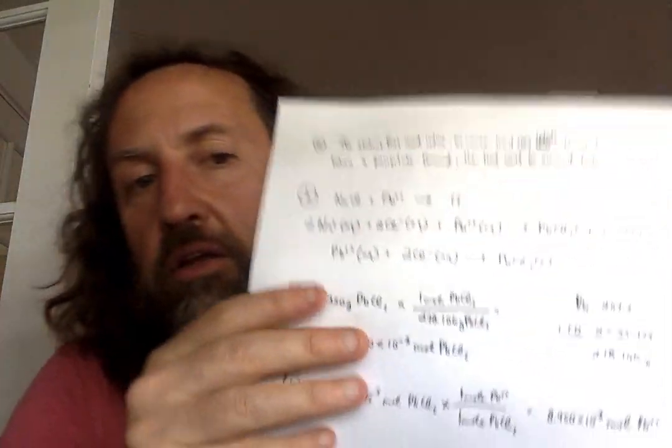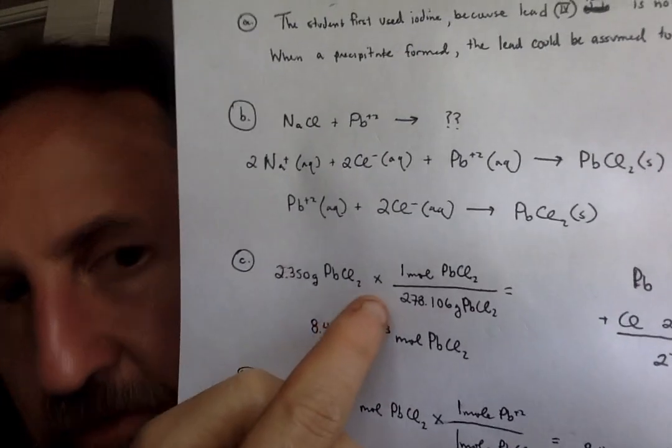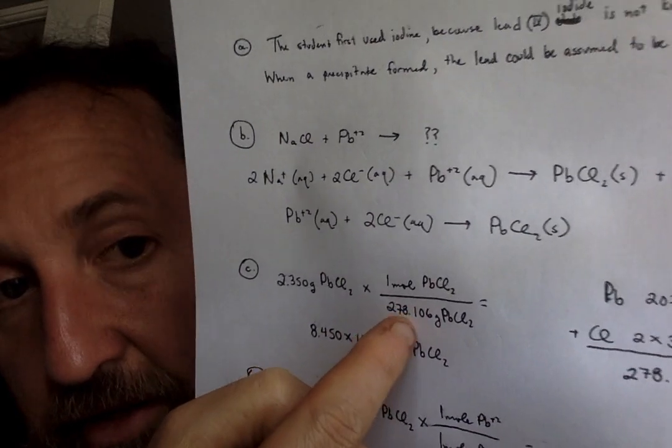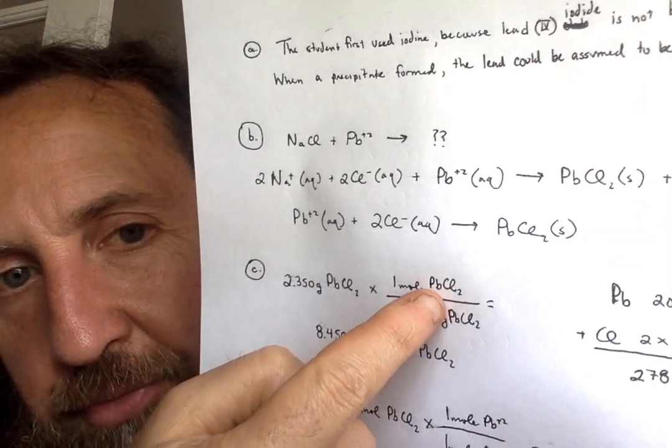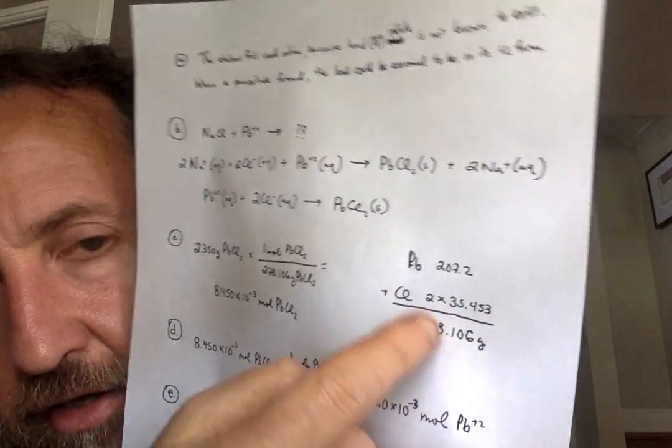The first thing I need to do is add up the molar mass of the lead 2 chloride. It's a bad habit when I say PbCl2. Nobody talks about it that way. It's lead 2 chloride. So I add that up, and you see how I did that there.